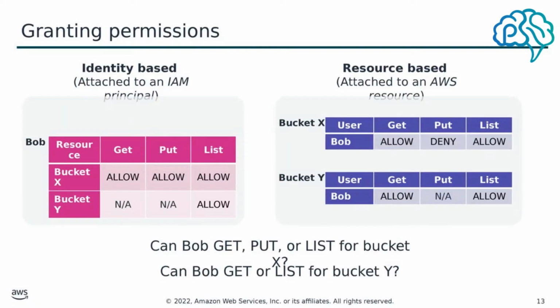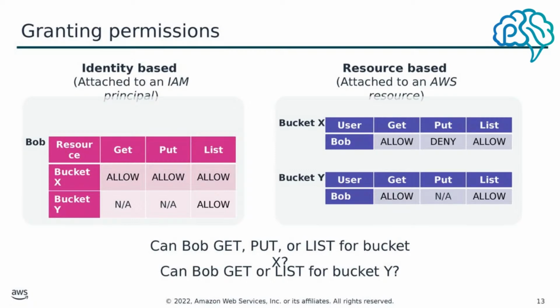In terms of granting permissions, this is another thing to consider: can you actually support both identity-based permission and resource-based permission? And let's talk about the differences between identity-based and resource-based policies. They're basically identical, but there are some slight differences.